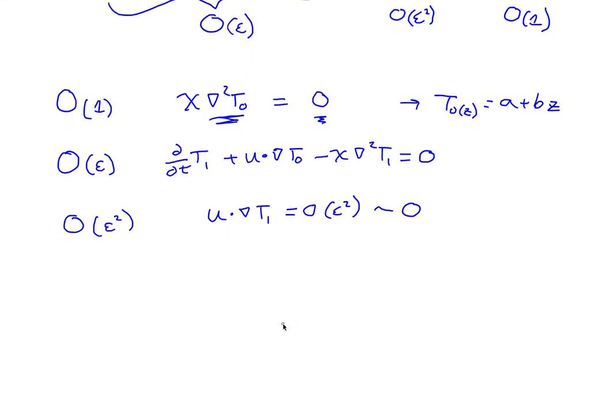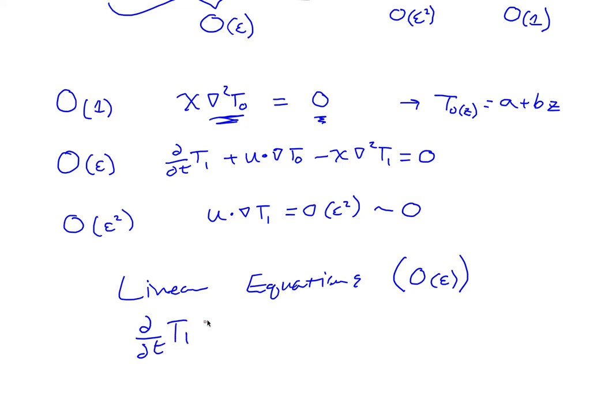This leads us to the linear equations, which we can also think of as our order epsilon perturbation equations, which are that d by dt of t1 plus u dot grad t0 minus chi del squared t1 equals 0.